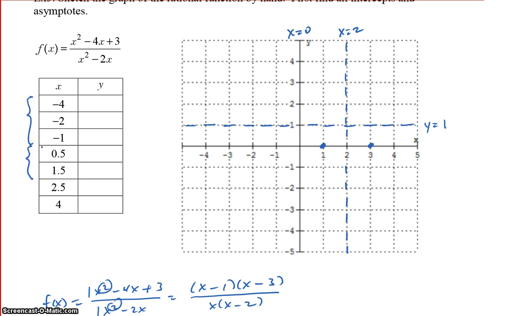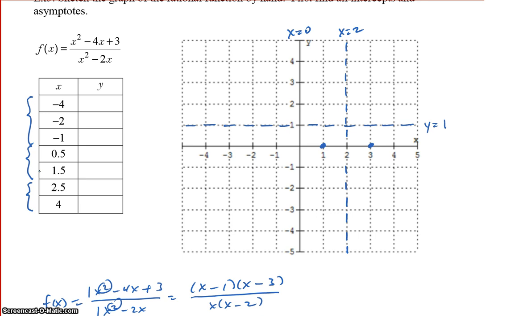Just trying to identify some additional points so I can get an idea of what the graph does. And then some points to the right of x equals 2. We already have x equals 3 as one of those, so I also chose 2.5 and 4. These were just values of my own choice that I thought would be useful in determining what the graph was doing in different parts of the xy plane.